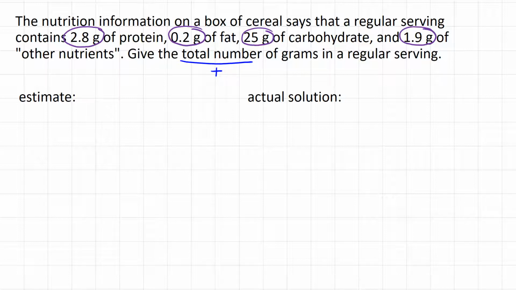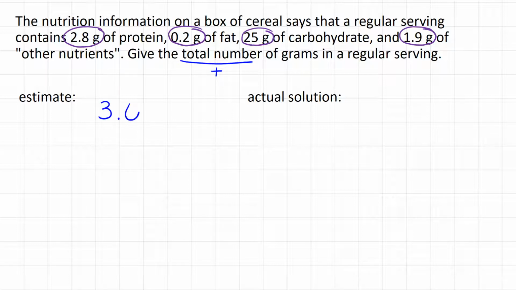Next, before we do any word problem, we're going to estimate. We're going to estimate reasonably and then compare it to our actual solution. So, to estimate, we're going to round these numbers. I'm going to estimate that 2.8 is approximately 3.0 grams.